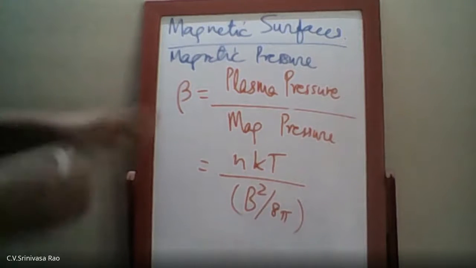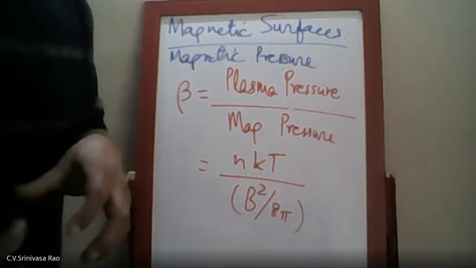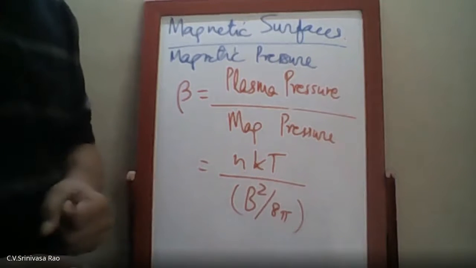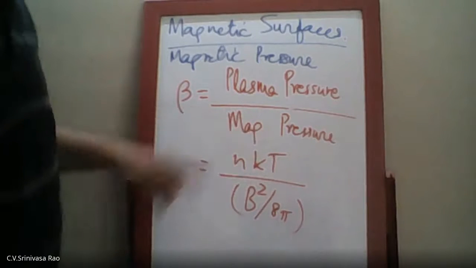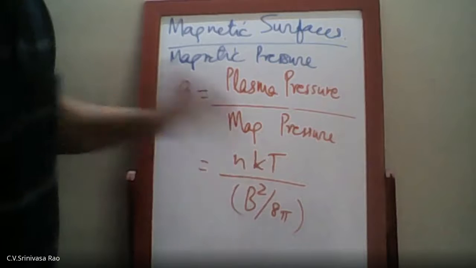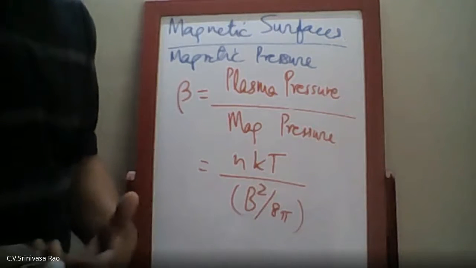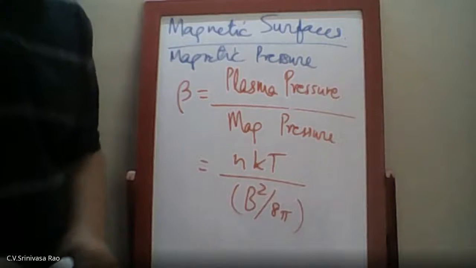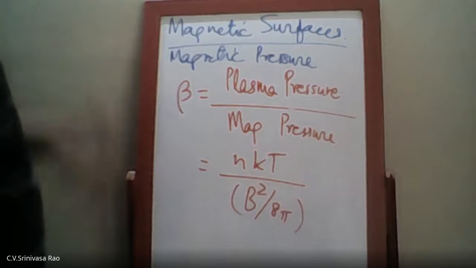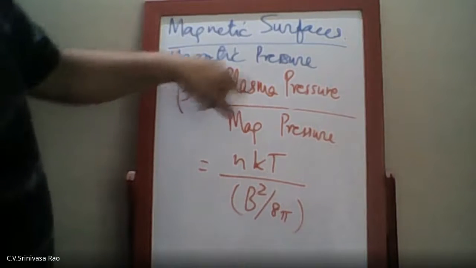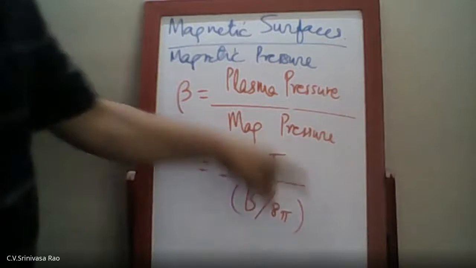This quantity is very, very important. It tells you the efficiency of magnetic confinement, how strong the field should be to confine a plasma which has this density and this temperature. So the efficiency of confinement of plasmas by magnetic field is given by this quantity called beta. It's nothing but plasma pressure divided by the magnetic pressure.